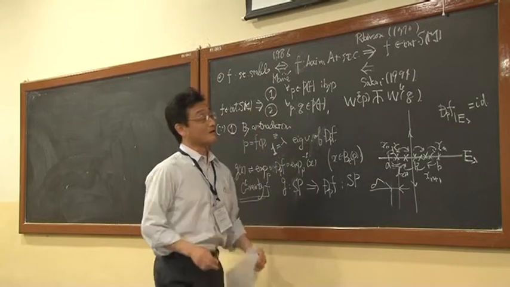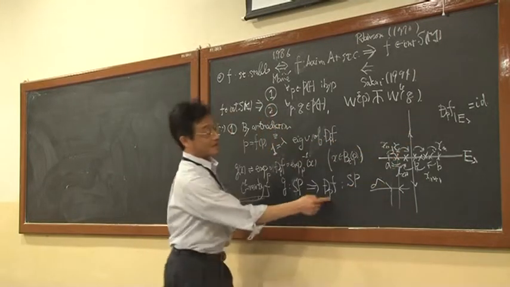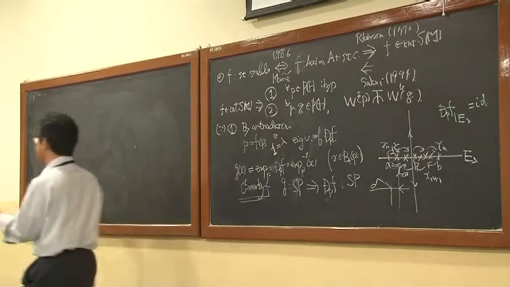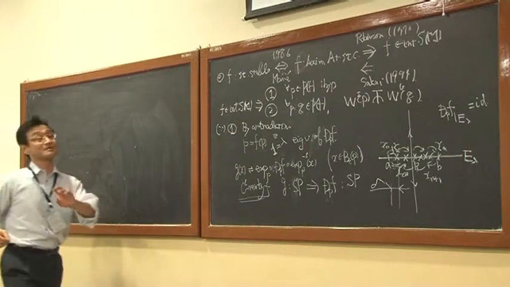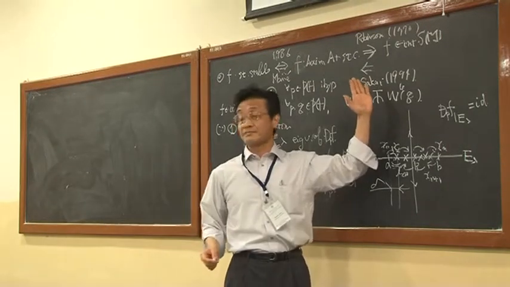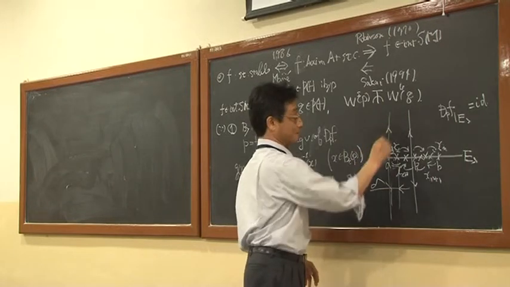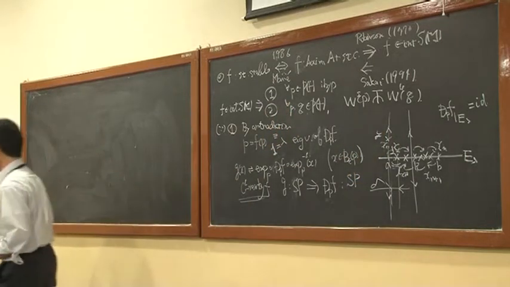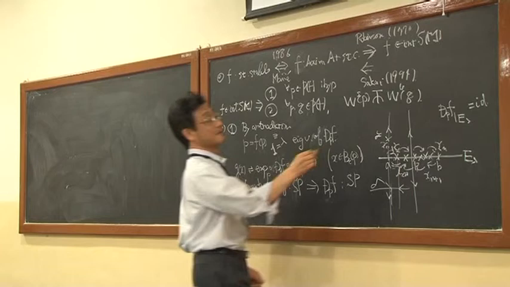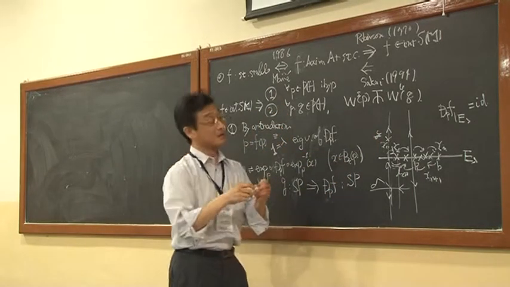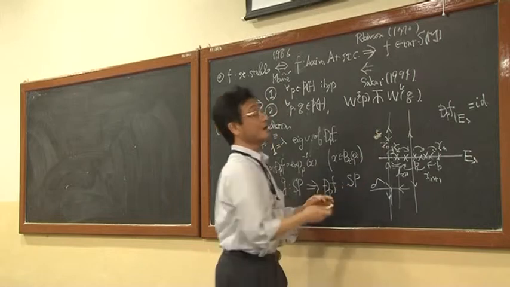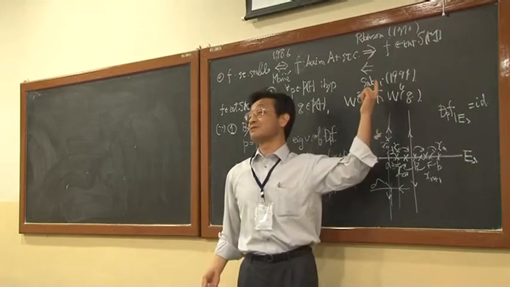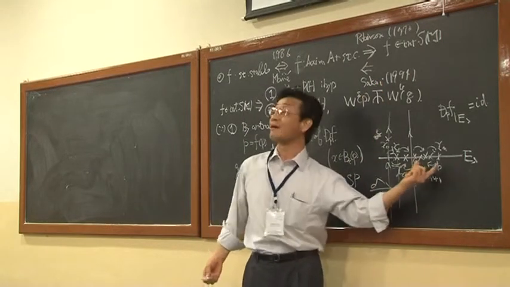This map must have the shadowing property, but unfortunately such a pseudo orbit cannot be epsilon shadowed. You can see the normal direction. If there exists a shadowing point here, then the orbit diverges, so it cannot shadow this part.